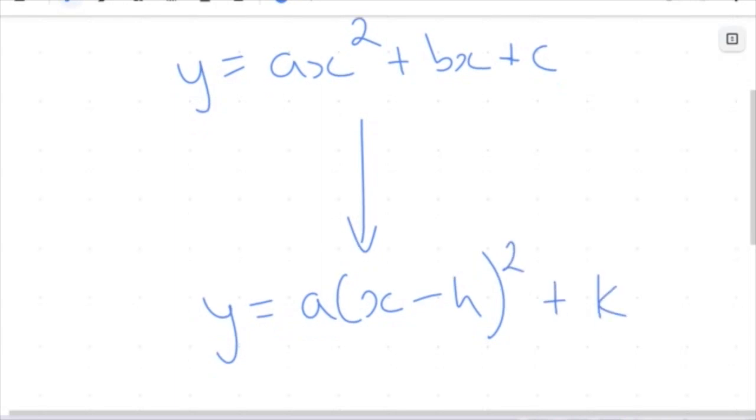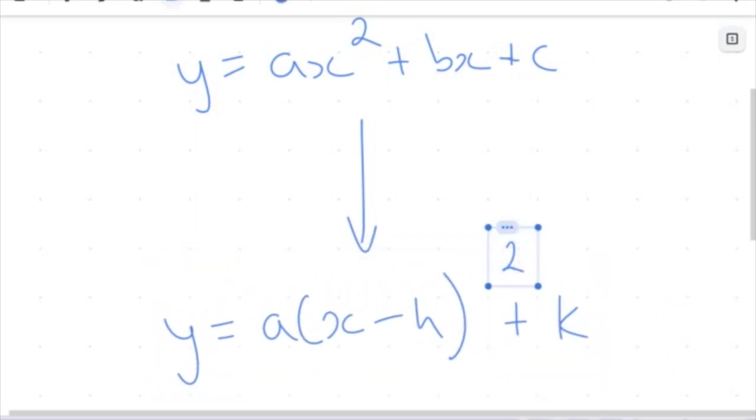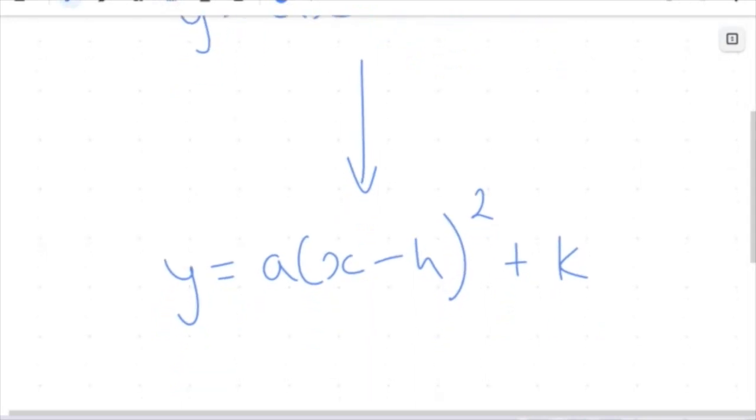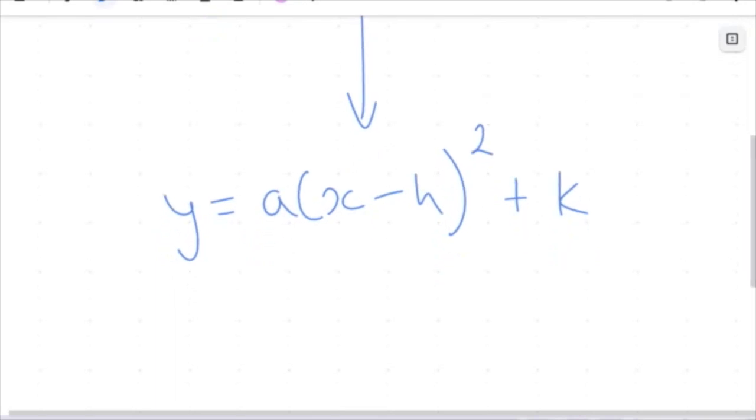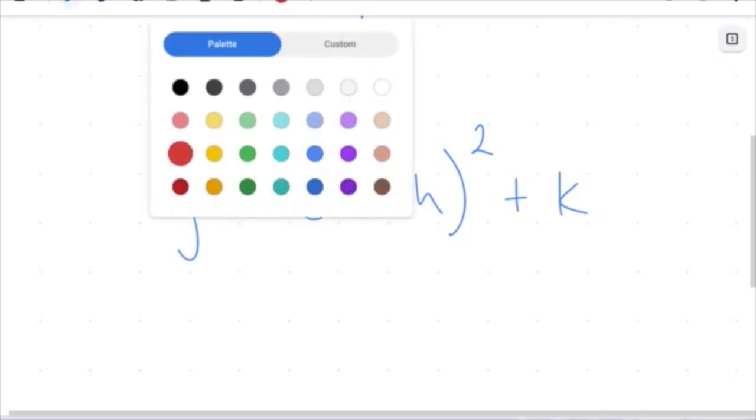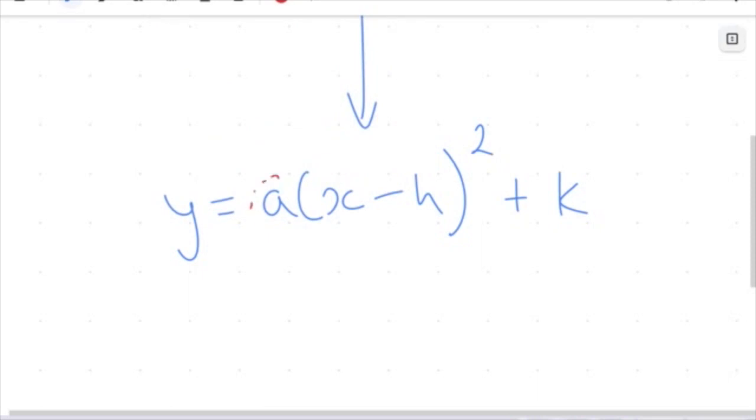Now, if you remember last year's content, the last topic on completing the square, you may recognize this type of form, but don't worry so much about what these letters all mean. They're just numbers that we're going to end up substituting in, but these tell us some very interesting things about the parabola we end up sketching. If you remember this a in front, that is our vertical dilation.